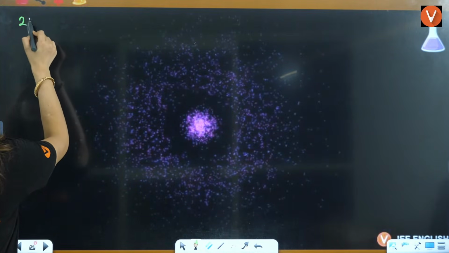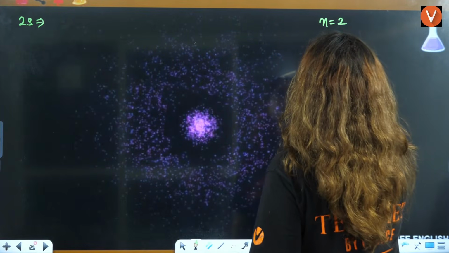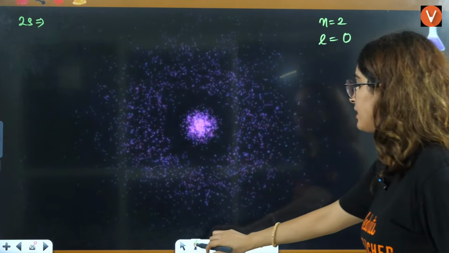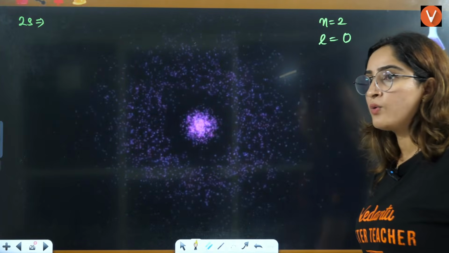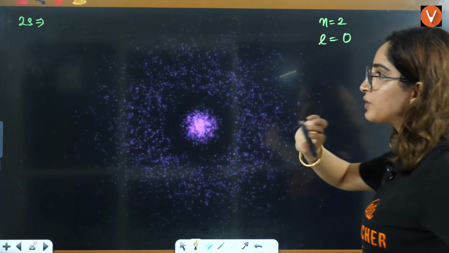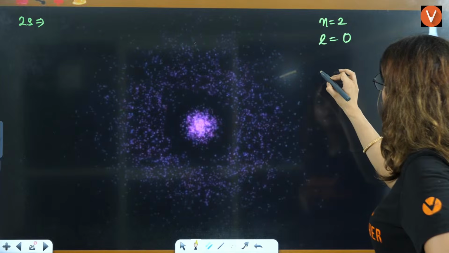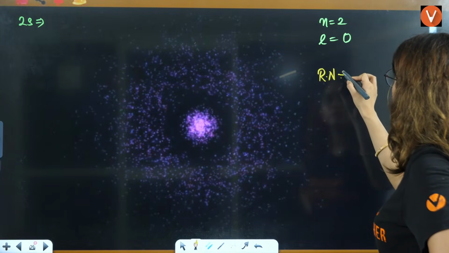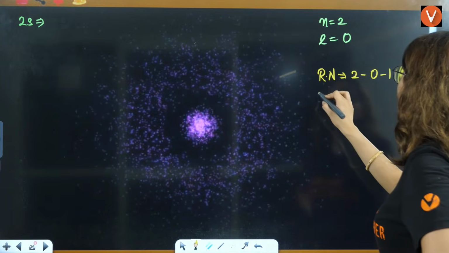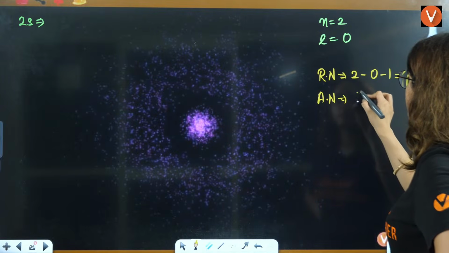Right? Now what is this? This is 2s. n is 2, l equals 0. Radial node will be equal to n minus l minus 1. Angular node will be equal to l.